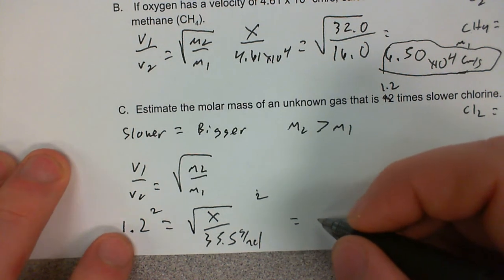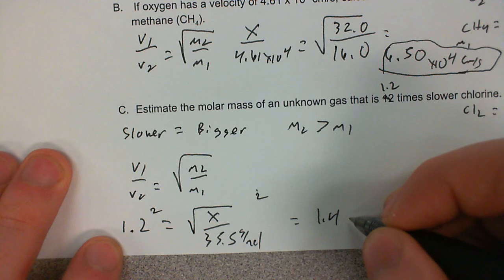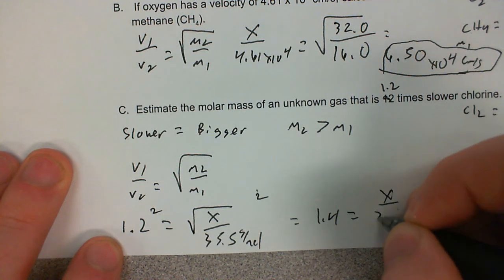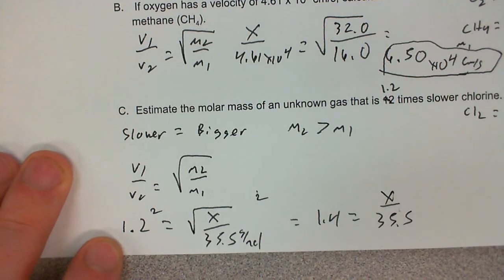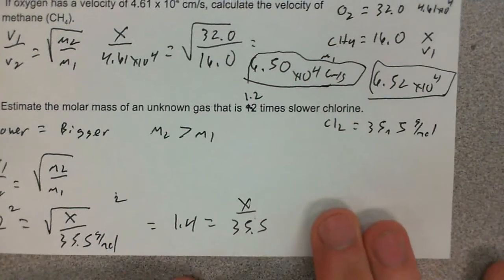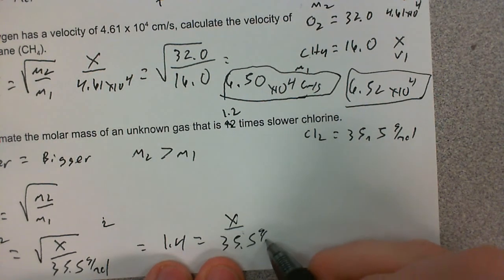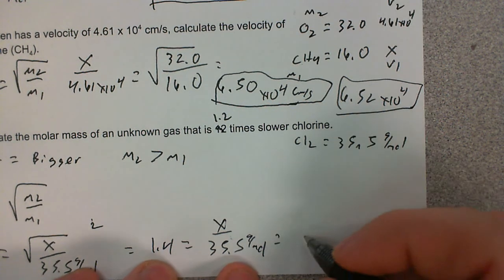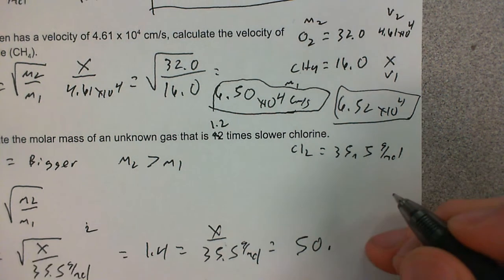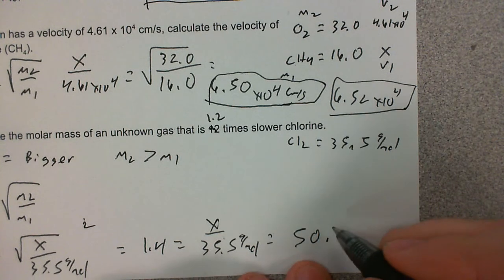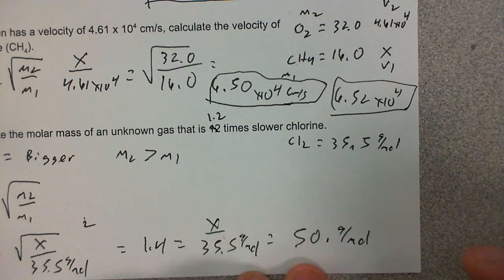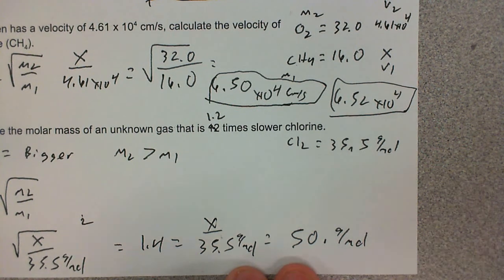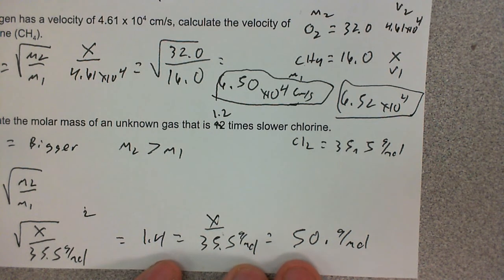That gets me, with only 2 sig figs, 1.4 equals x over 35.5. 1.4 times 35.5 grams per mole is 50. So 50, decimal, don't forget your decimal because of 2 sig figs, grams per mole. Is that bigger than 35.5? Yeah, it makes sense.